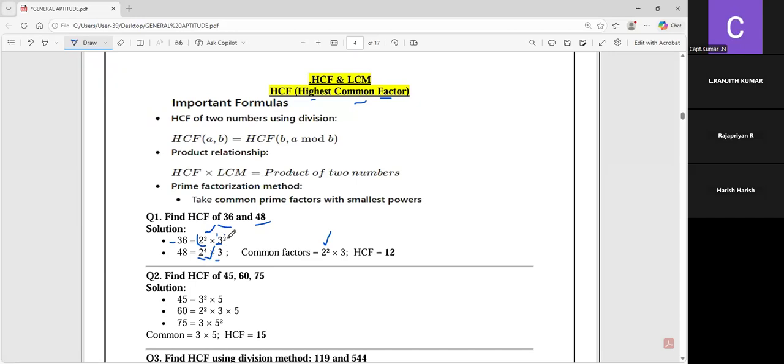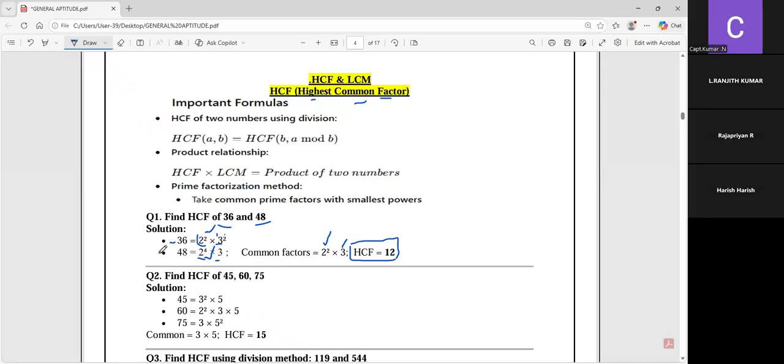From these two, the minimum is only 3. So I'm going to take 3. Multiplying, 2 into 2 is 4, 4 into 3 is 12. So the answer is HCF is 12. That is called HCF. So I hope you understood.